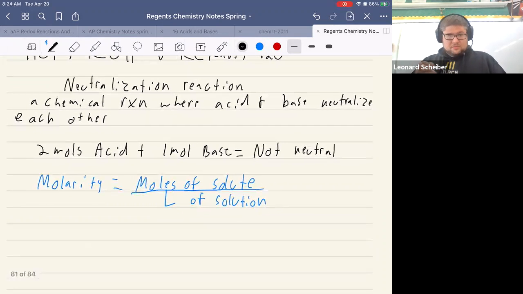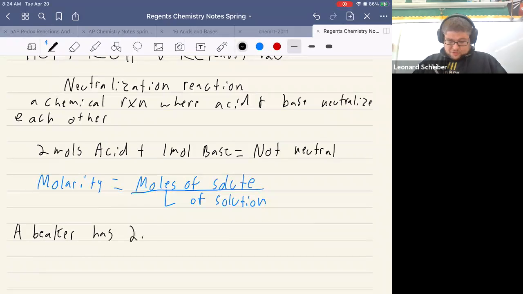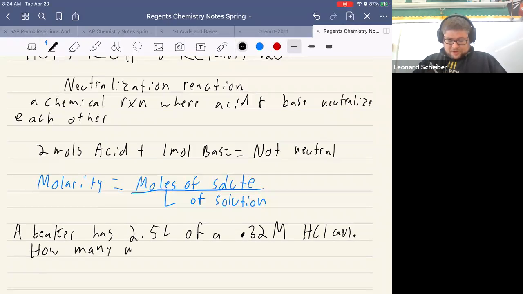Let's say I had a beaker which has 2.5 liters of a 0.32 molar HCl solution. How many moles of acid, or H plus, are in the beaker?